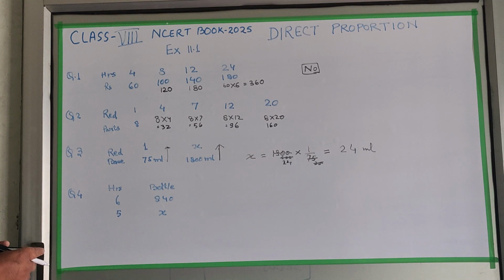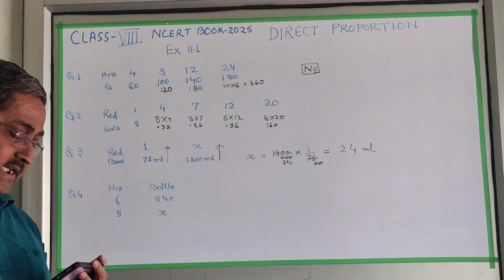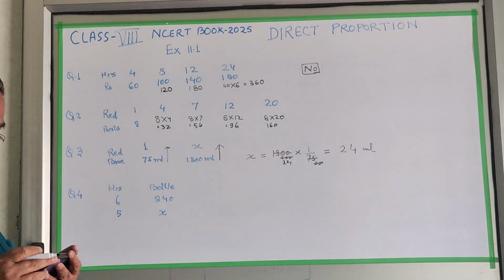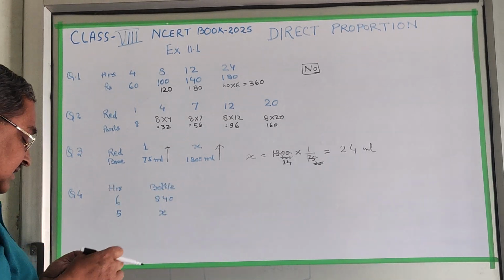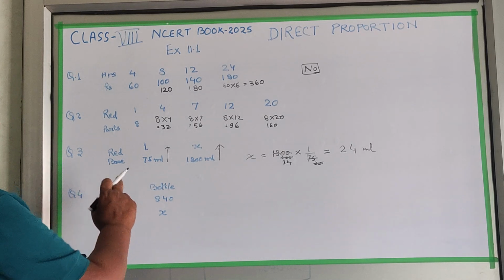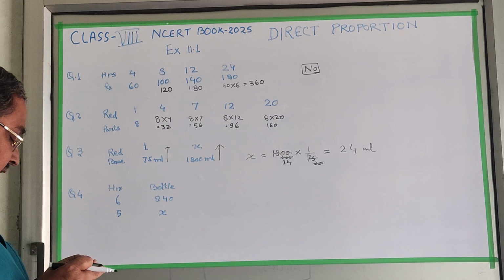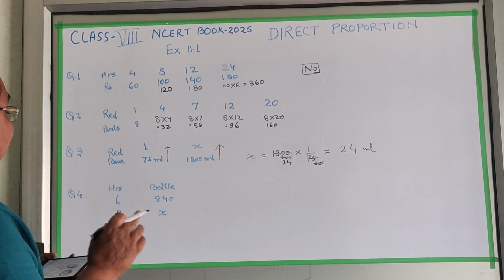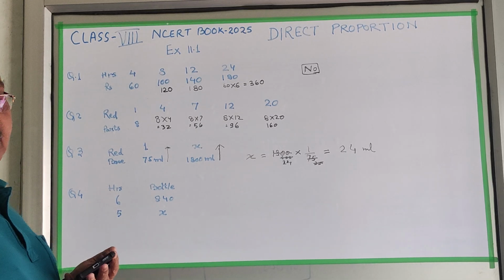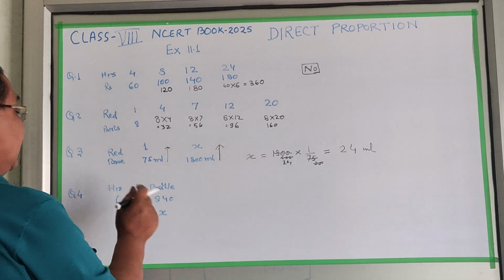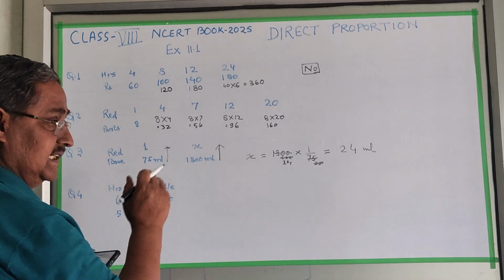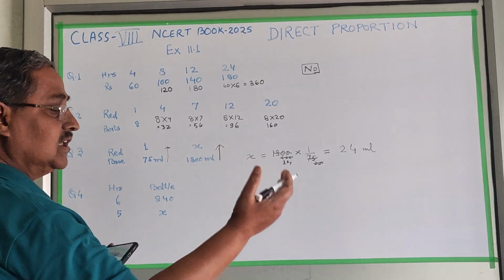Now we are coming to question number 4. A machine in a soft drink factory fills 840 bottles in 6 hours. How many bottles will be filled in 5 hours? Here again you see, if you increase the hours, the number of bottles will also increase.